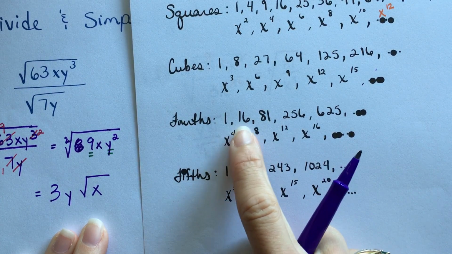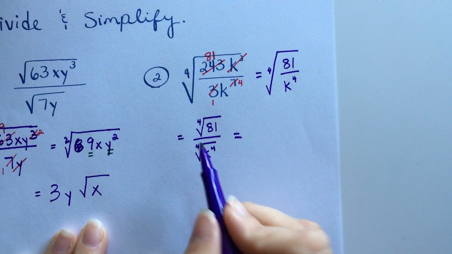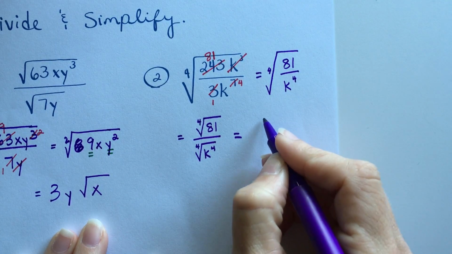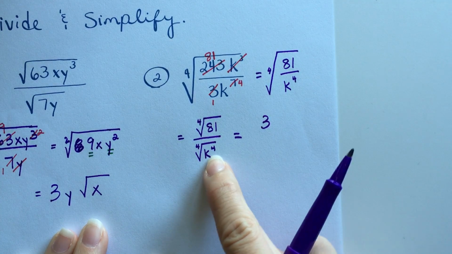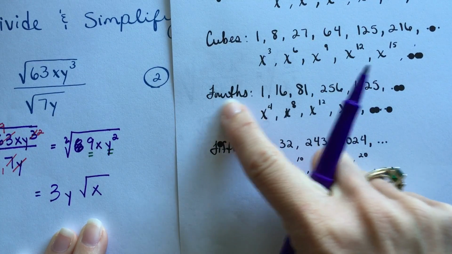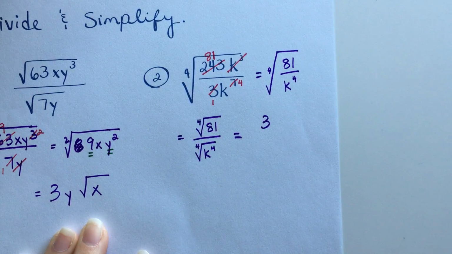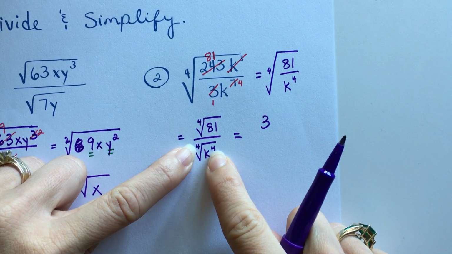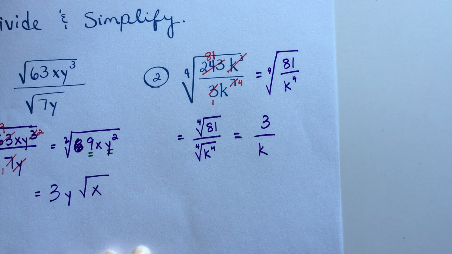This is 1 to the fourth, 2 to the fourth, 3 to the fourth. So that means the fourth root of 81 is just 3. And your k to the fourth is already perfect. Because see, if you're looking at your perfect fourth powers, something to the fourth power is already perfect. So what you're doing, remember, is you're saying 4 will go into 4 one time. So that means that you're just left with k to the first power. So that's your final answer on that one.